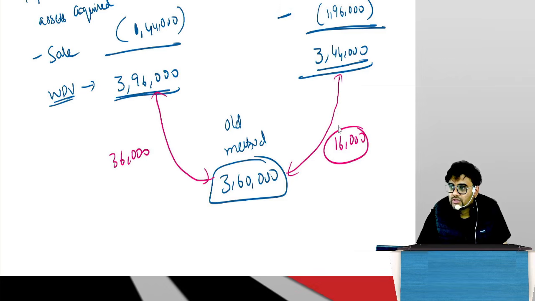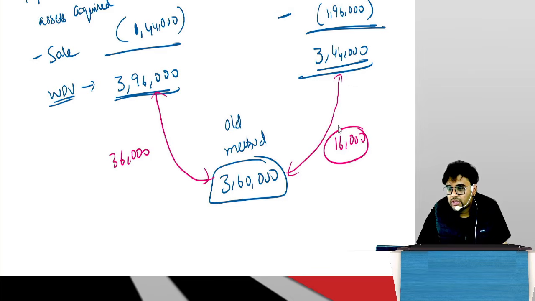Yes or no, guys? Normal mathematics. Old method 3,60,000. Here it is 3,96,000. Here 16,000 profit, because WDV is 3,44,000, because I have subtracted 1,96,000.